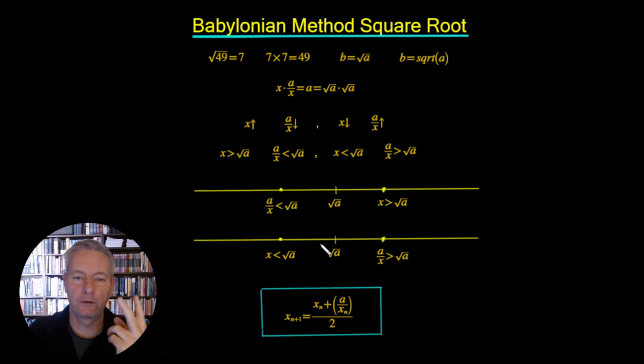The way that we choose the value is by averaging: we take our value xn and add on the value a upon xn, and then divide by 2. So really what we're saying is we know the root of the value is somewhere between these.